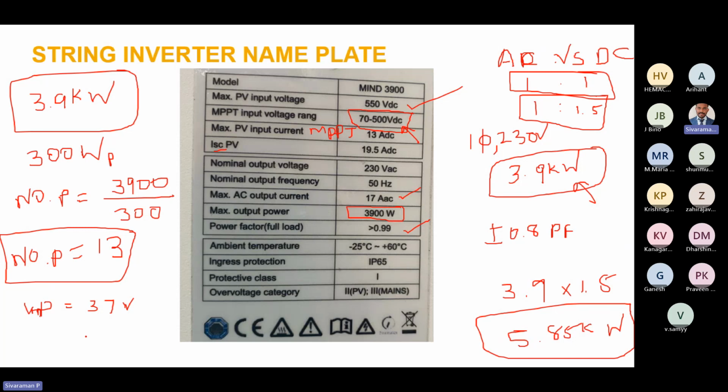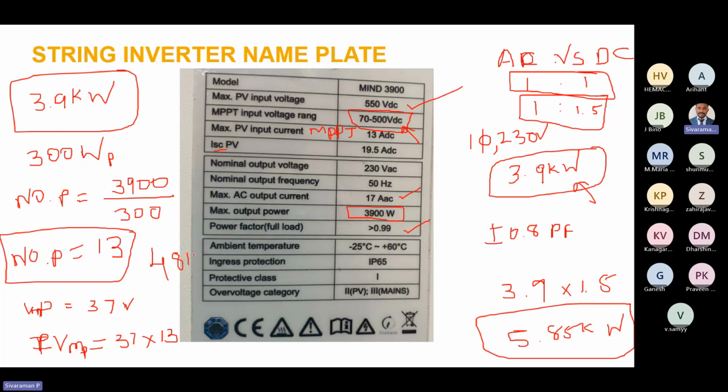For that, we have to calculate the inverter VMP. So 37 multiplied by 13 is equal to 481 volt.